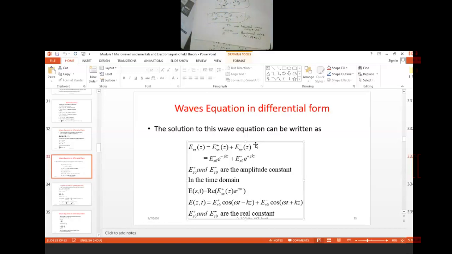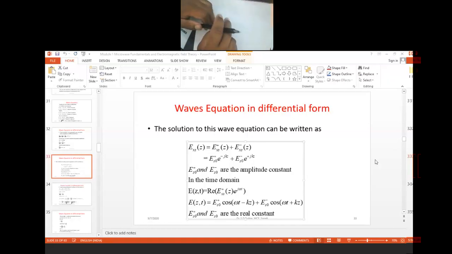Whenever you have reflections and so on, in that case you can consider that the wave is propagating in a backward direction, and this will tell you the wave propagation component. You just remember always. Sometimes it is difficult to understand what the field components are, but you can always understand in which direction the wave is propagating.